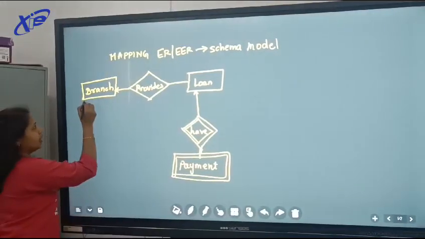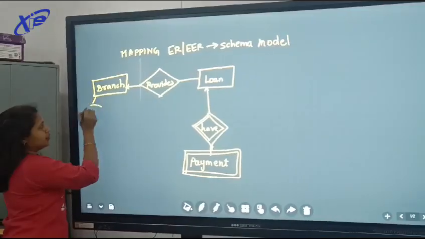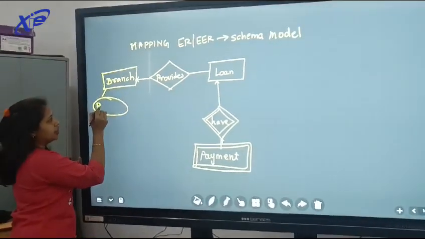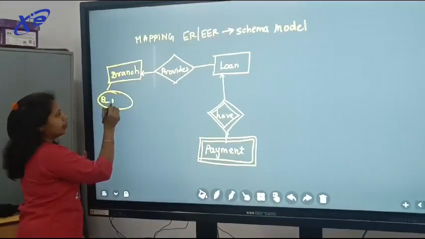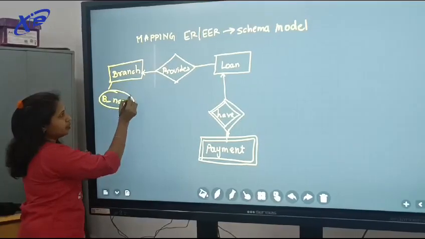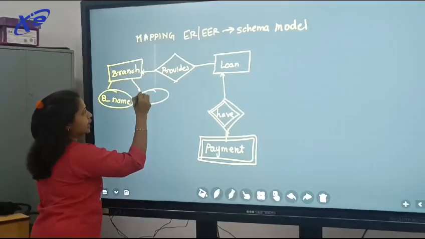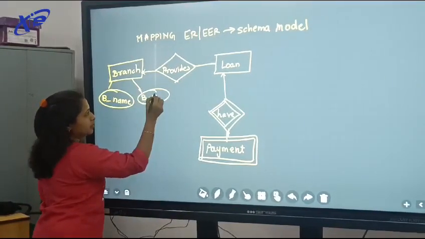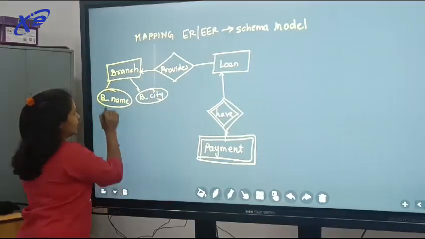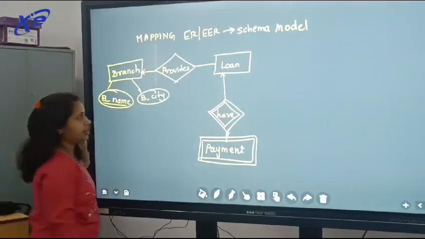Okay, so now let us take few attributes with each of these entity sets. Branch, we will take branch name, we will take branch city as another attribute. Let us make branch name as a primary key.